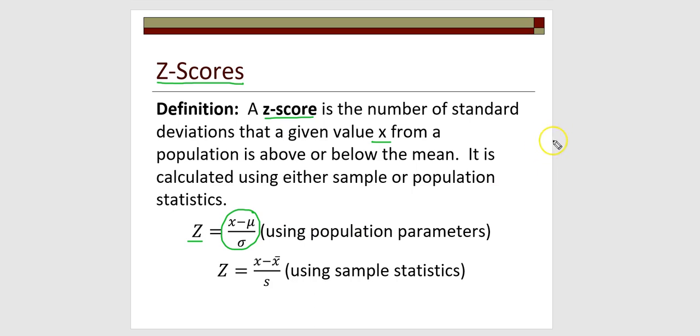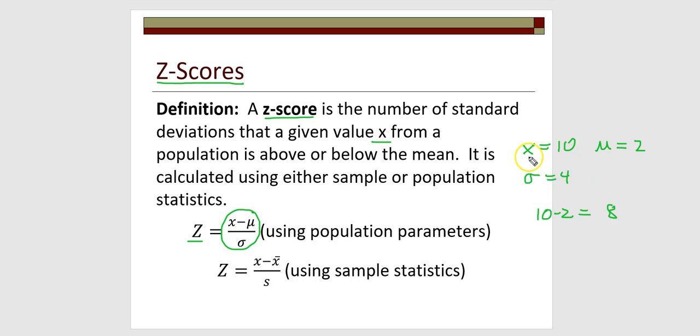For example, let's say x is the score 10, the mean is 2, and the standard deviation is 4. Then how many standard deviations is 10 away from the mean mu? Well, 10 minus 2 is 8, and 8 is 2 of the 4's here.